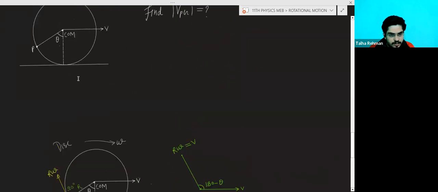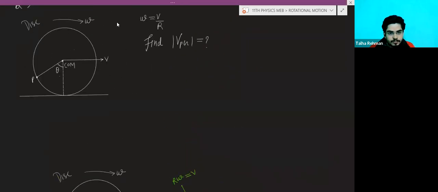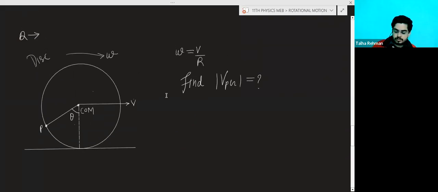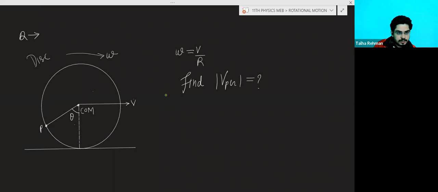So the final answer will be 2V sine theta by 2, and this is an important question that can be asked in the exam also.